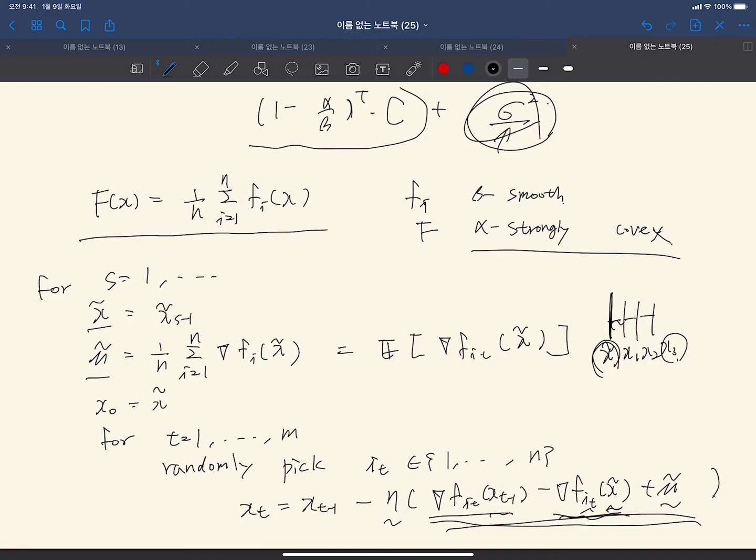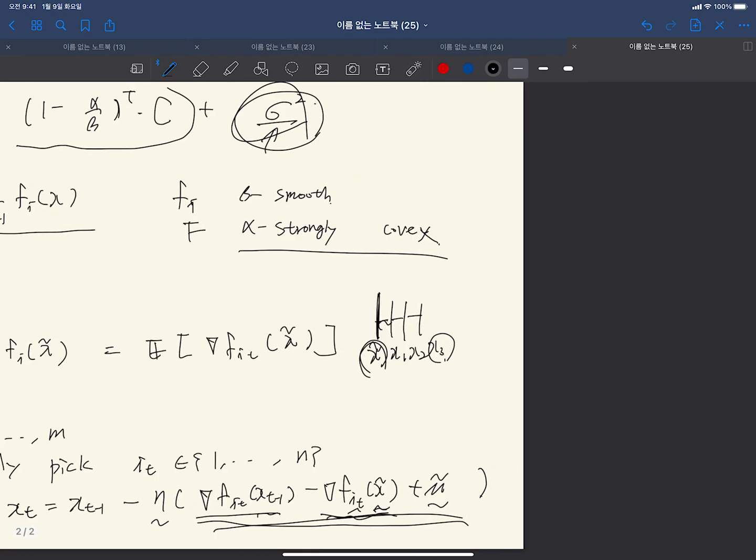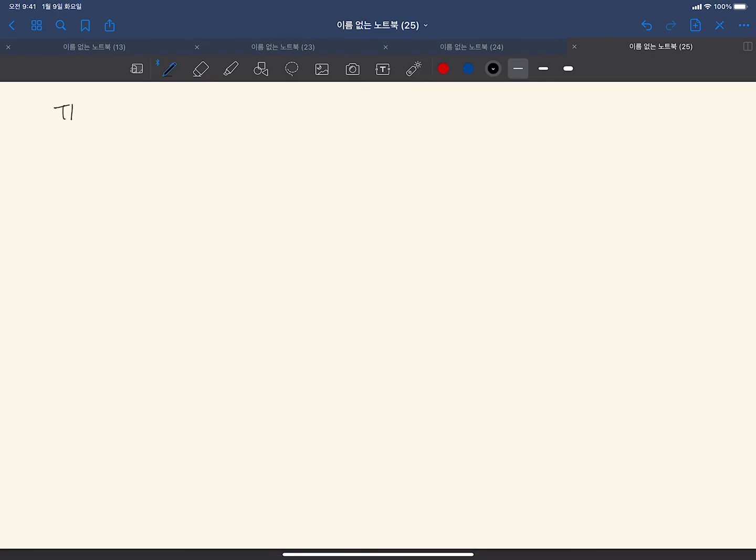That's why the SVRG algorithm can very fast converge to the solution, and even with the noisy random gradient, we can converge to the solution. Okay, so this is the theorem. The expectation of f of x tilde s minus f of x star is less than or equal to h to the s times f of x0 tilde, the initial point, minus f of x star.